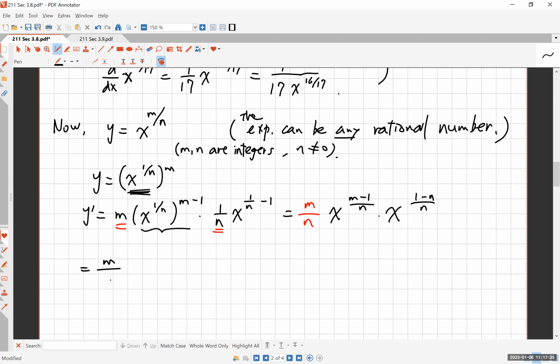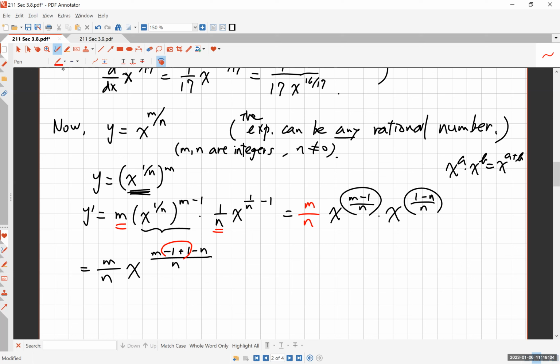How do you multiply x to something times x to something? Well, x to the a times x to the b is x to the sum, right? So you have to add this and this together. Well, fortunately, we have the common denominator. How nice. m minus 1 plus 1 minus n is the new exponent.